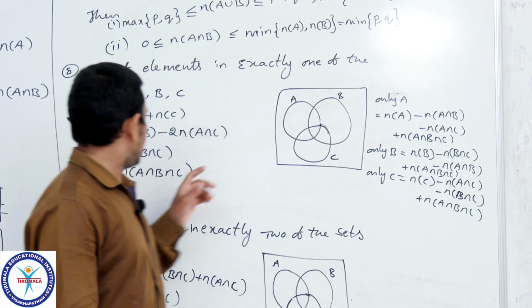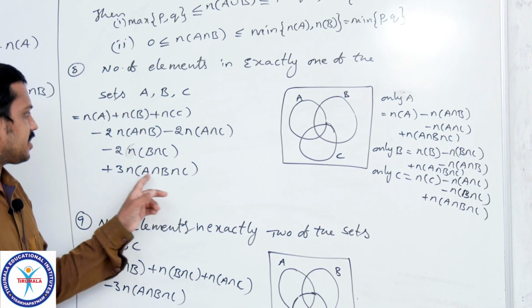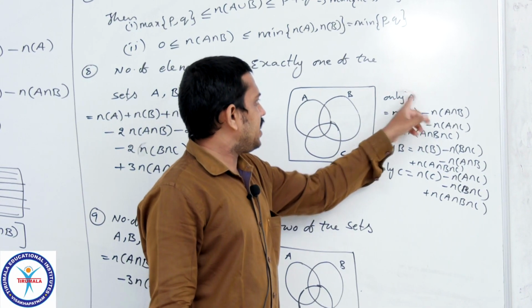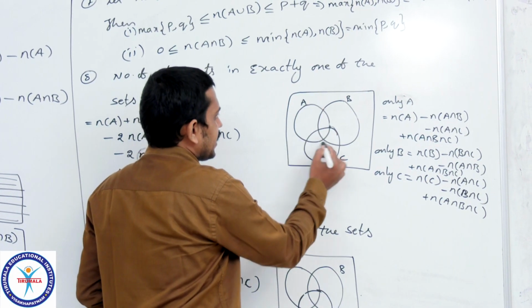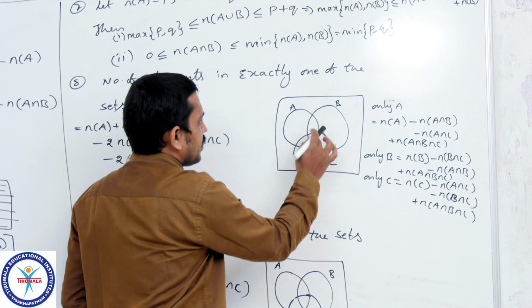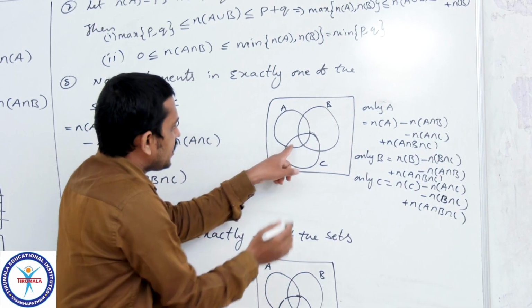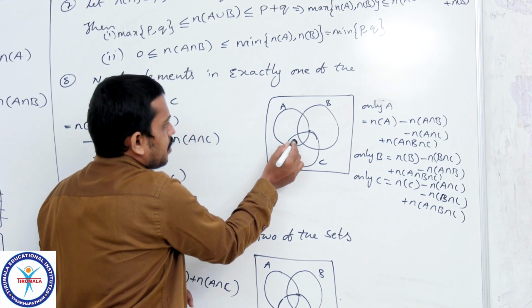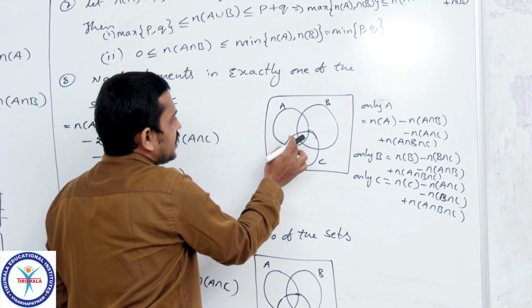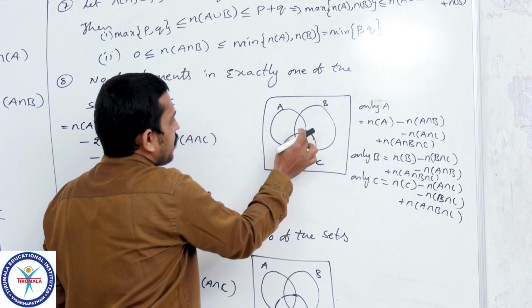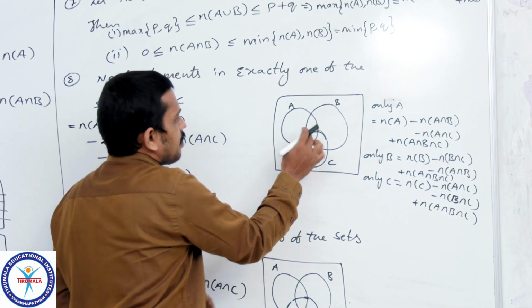So, actually in this case why do we add n of A intersection B intersection C? Because here, only in A, from the set A we need to exclude only this common region, but this region is nothing but n of A intersection C minus this common region.